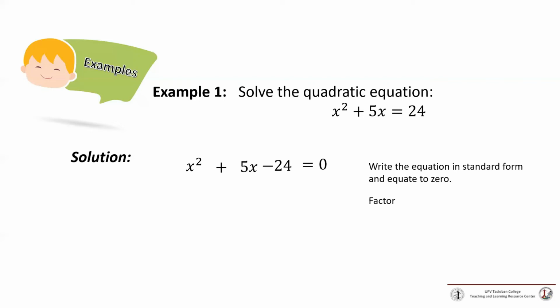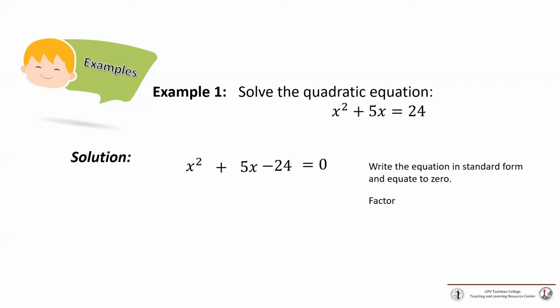And then after that, you factor. You look for factors wherein you can rewrite the given equation into expressions that, if you multiply them, will result in the given equation.